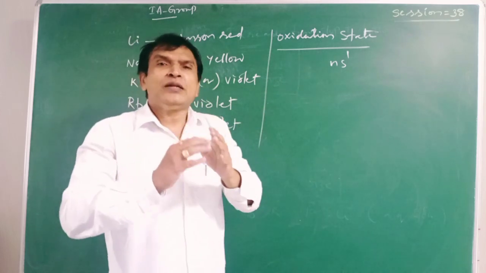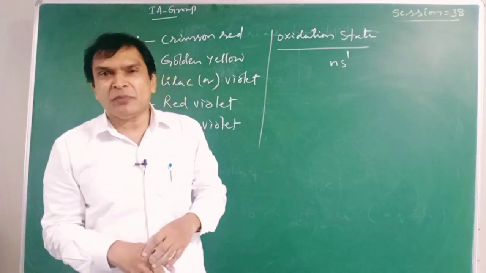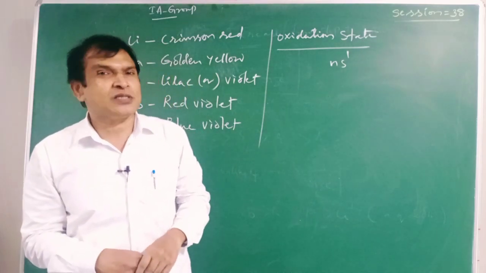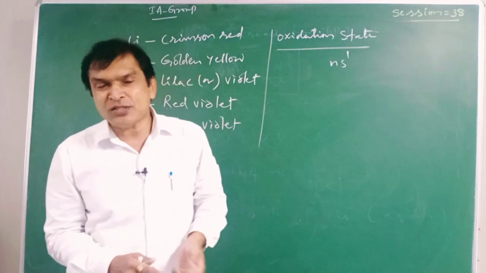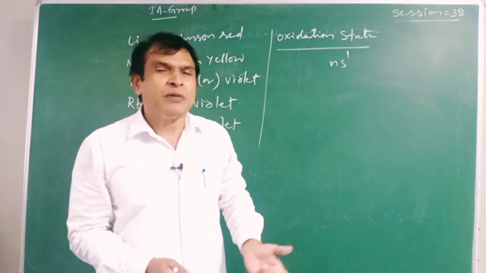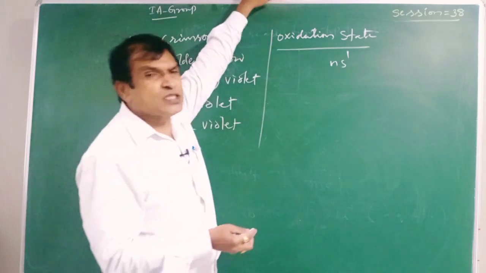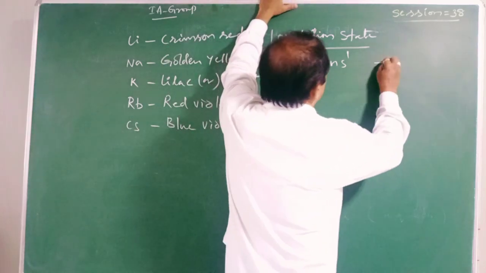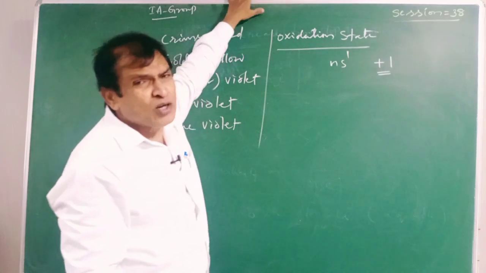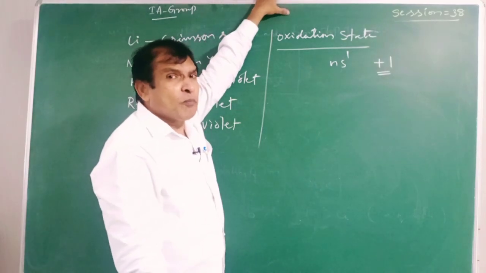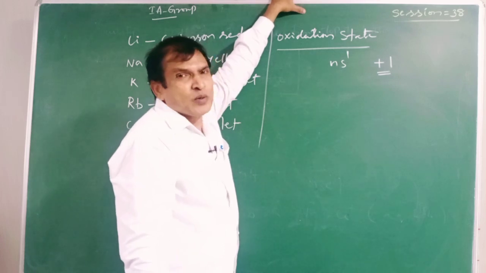Therefore, by losing their one valency electron, they acquire the stability of the nearest noble gas element. That means lithium, sodium, potassium, rubidium, cesium, in the combined state, always exhibit only +1 oxidation state.